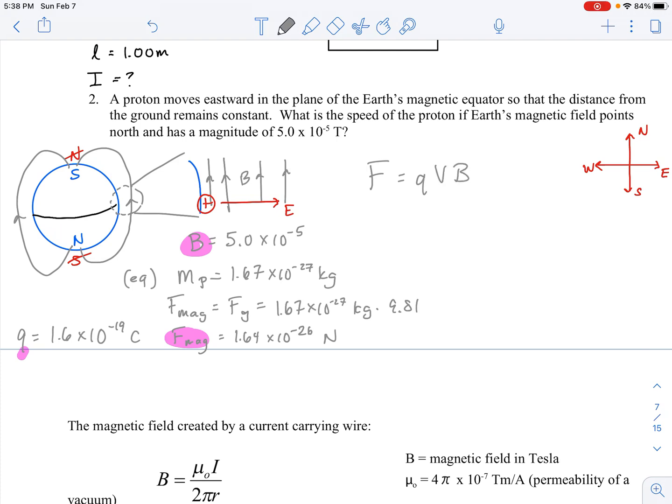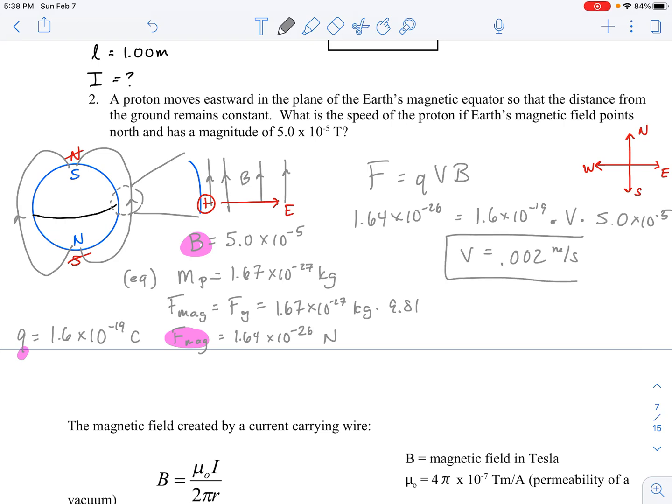F equals QVB, and I'm looking for a velocity. So I'm going to plug in my numbers. 1.64 times 10 to the negative 26th equals 1.6 times 10 to the negative 19th times velocity times 5 times 10 to the negative 5th. And when I solve that, I get a velocity, it's rather slow, 0.002 meters per second. It's almost drifting.